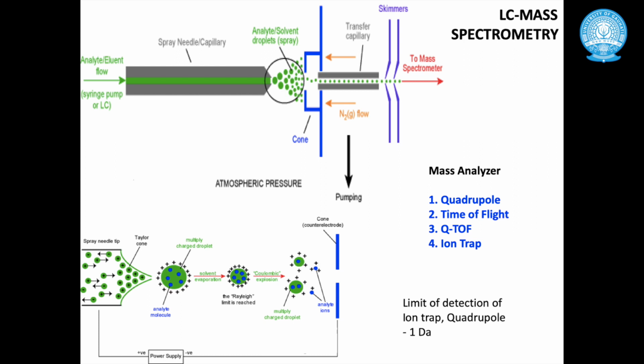This 287 is a product obtained after deglycosylation of this cyanidin 3 glucoside. When we remove the glucose moiety attached to this molecule, we will get 287 m/z.